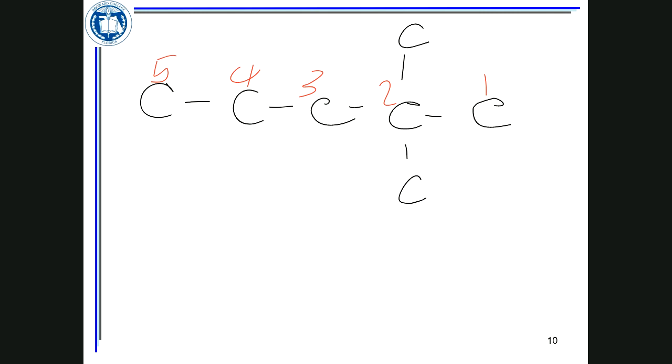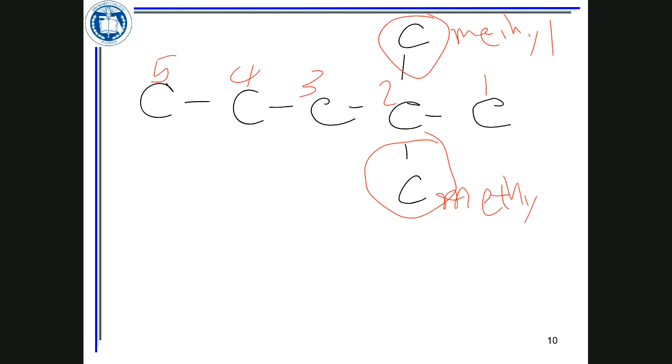When I indicate my longest carbon chain, how many groups do I have that did not take a number? Anything that doesn't take a number is going to be counted as a branch. So I have a branch up and one branch down here. The name for the top one is a methyl group, but what's the bottom one?